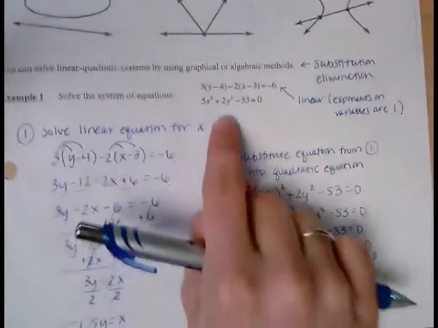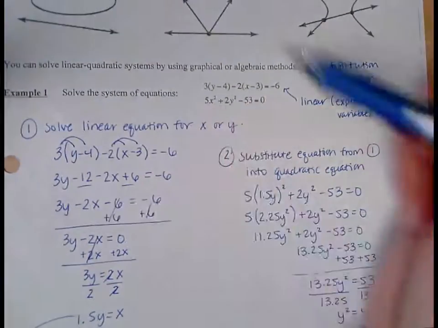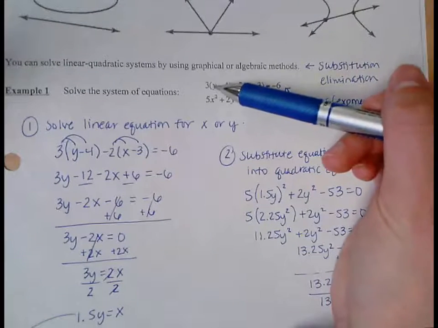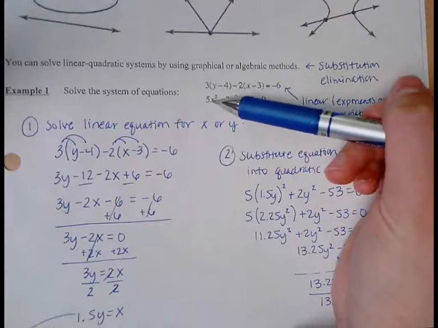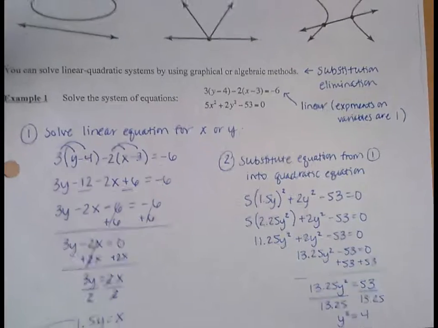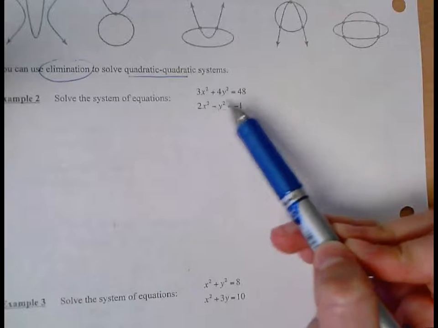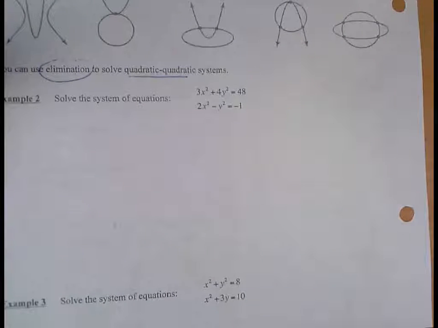If I go back and take a look at example 1, notice elimination doesn't work for this system because you have y and y squared, x and x squared, so there's no way to eliminate your variables. X and x squared are different. They can't eliminate each other. Y and y squared can't eliminate each other. However, if you have 2 x squareds or 2 y squareds, those can be eliminated. So this is why with quadratic systems, elimination does work.